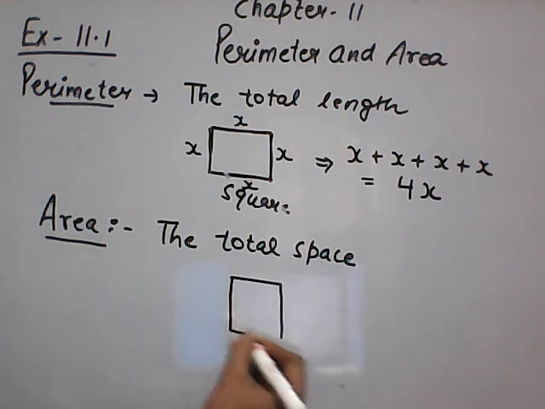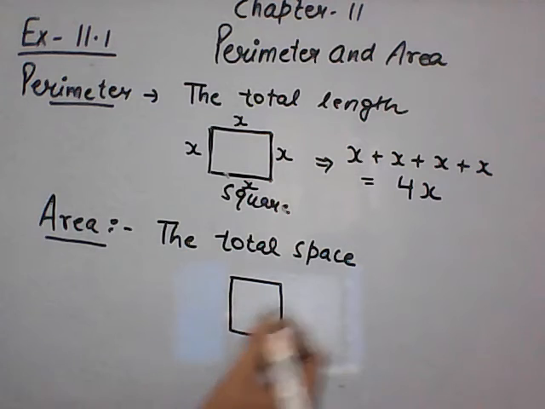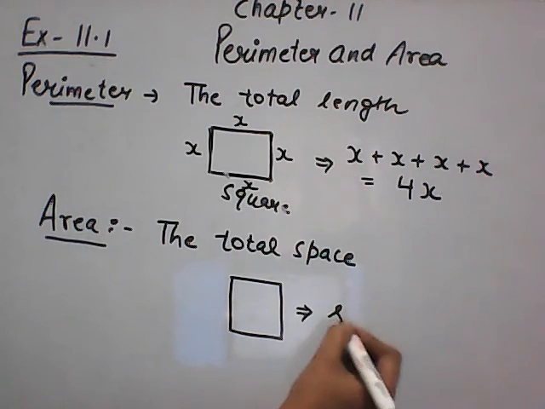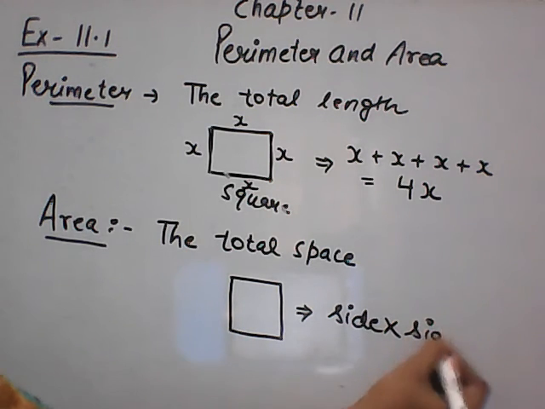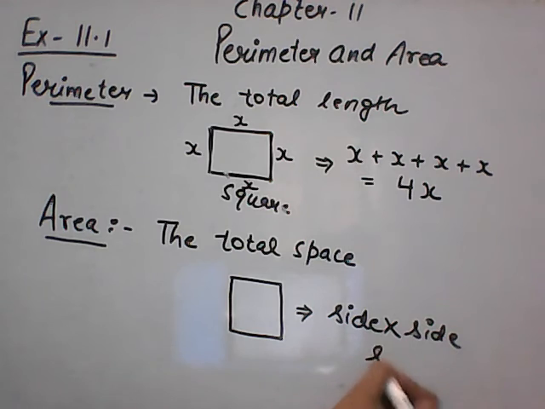Now, how can we find the area of a square? It is side multiplied by side, or it can be written as side whole square. In this way, you can calculate area and perimeter.